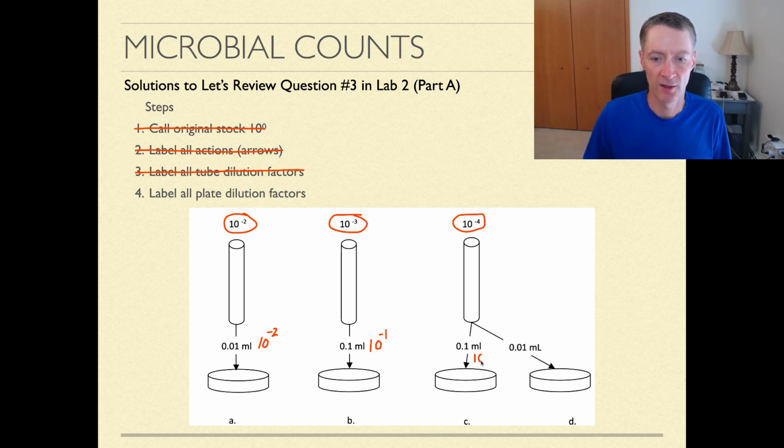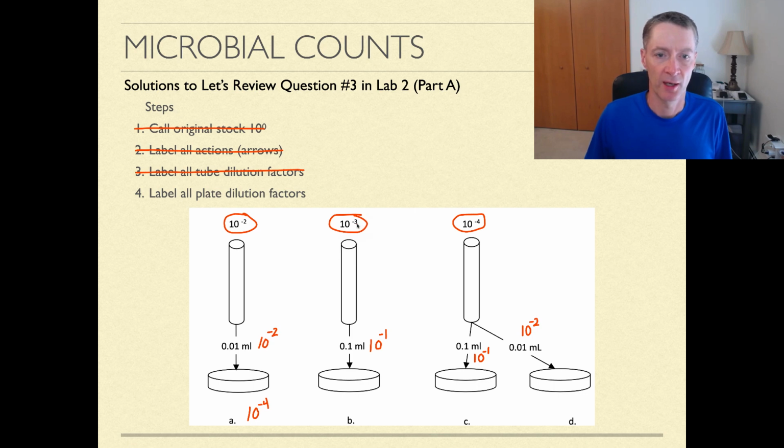Here's another 10 to the negative 1. And here's a 10 to the negative 2. Now we need to add powers. So we have a negative 2 in the tube. We have a negative 2 action taken. We have 10 to the negative 4 in this plate.